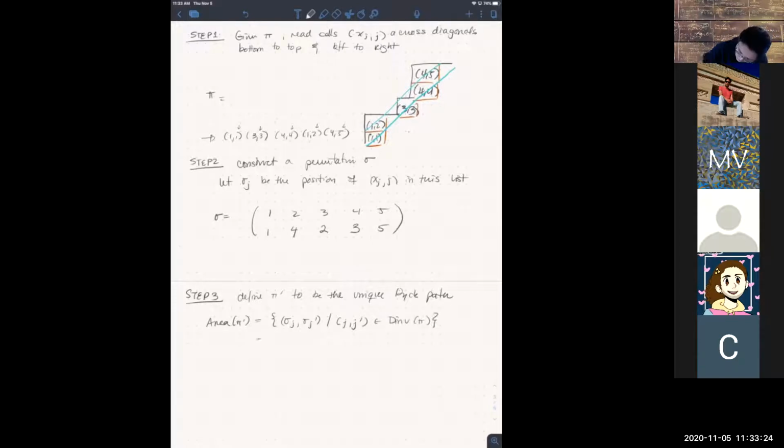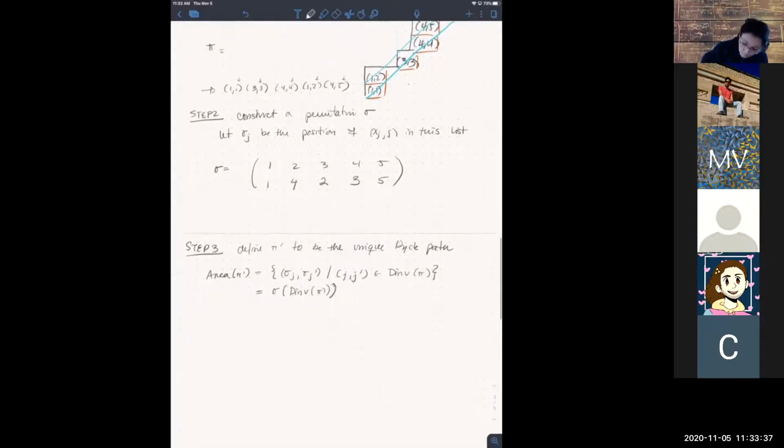Which you can think of as basically just applying the permutation sigma to div of pi. So in our case, what is that going to look like?